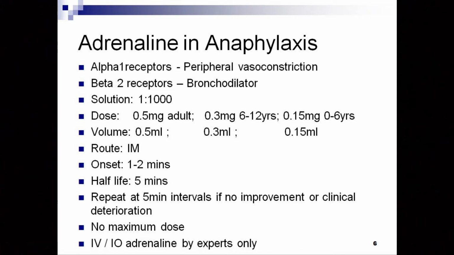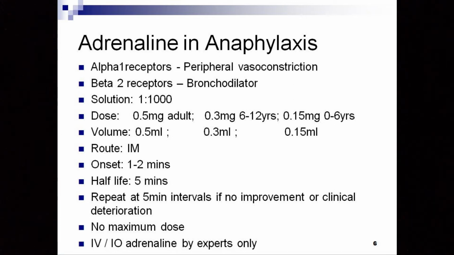Adrenaline in anaphylaxis is routinely given via the IM route. Certain clinicians may prefer to give IV adrenaline, but it must be stressed that this is potentially life-threatening, so should only be used with extreme caution.